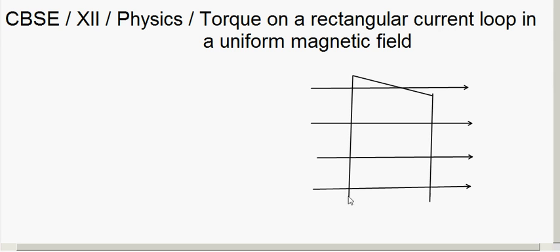Let me say this is the magnetic field B, this is the coil which is placed in the magnetic field, and let us mark the coil as PQRS. Let me say the coil has sides A and B. Let us say this side of the coil is A, and the other side of the coil length is B.